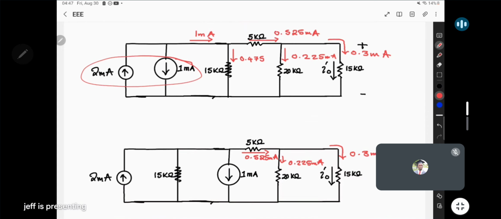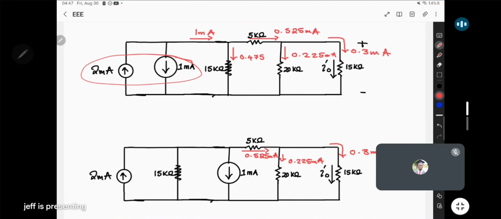In the same way, it doesn't change the fact that the current that will still pass through this 15. Remember the 15, it's this one we just rearranged. From here to here, this is still one node. So how much current will still be the same? This is still going to be 0.475 milliamps.